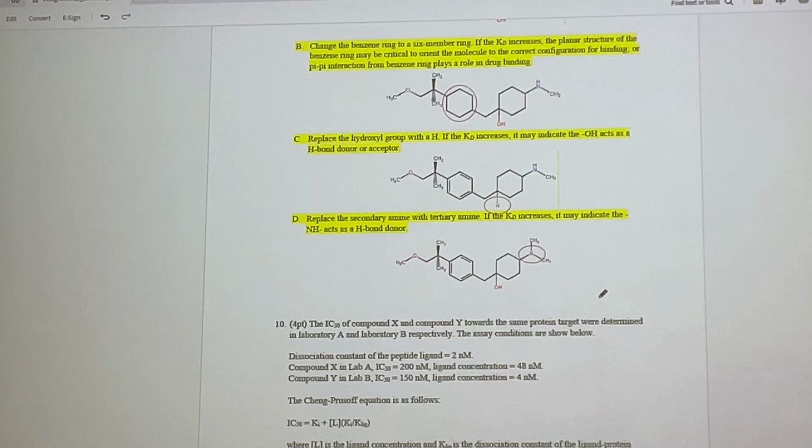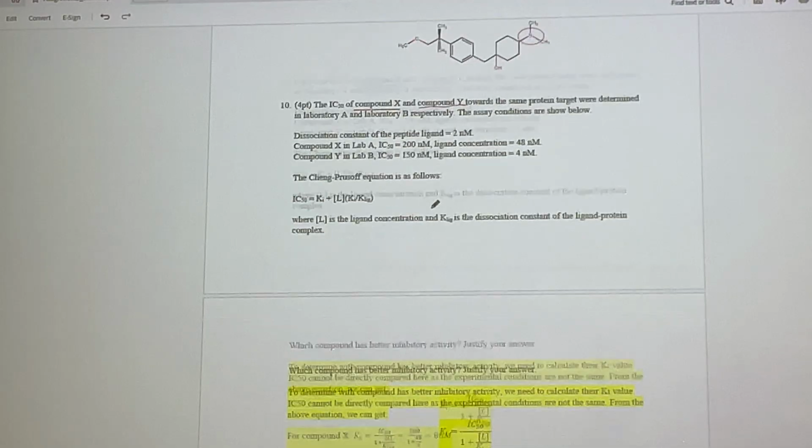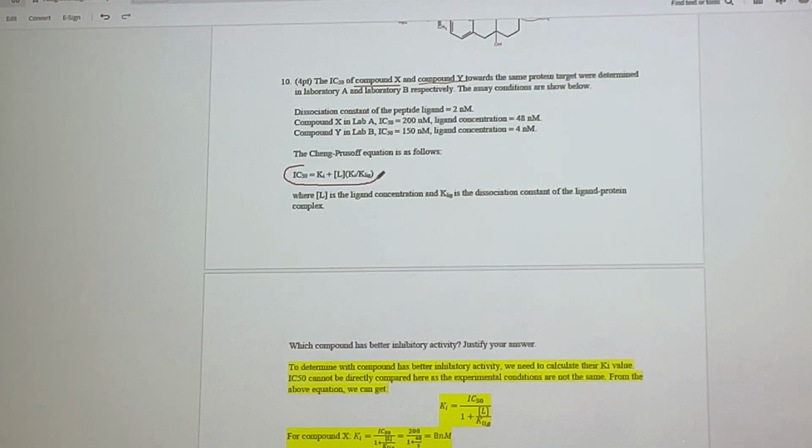So the next question is about IC50 measurement. It gives you two experiments about compounds X and Y, and it also gives you the Cheng-Prusoff equation to ask you to compare which one is a better inhibitor. That's quite easy to calculate.